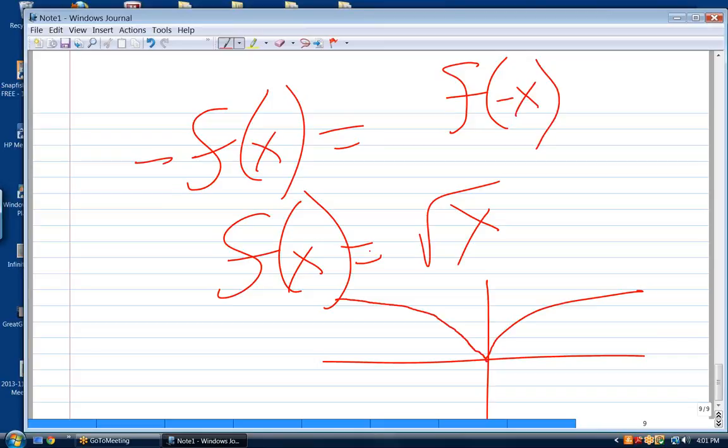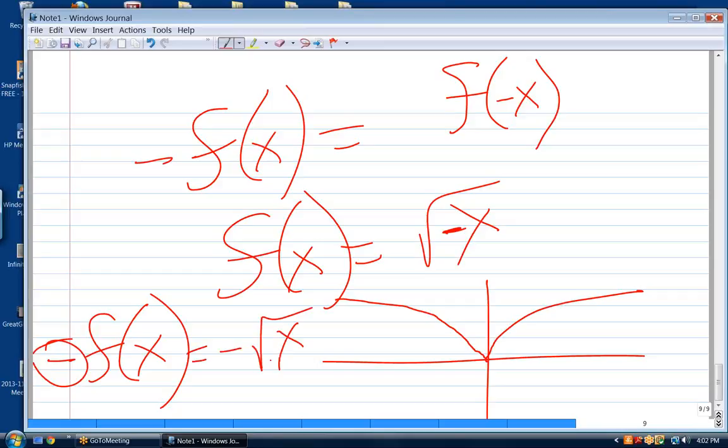Where I put the negative inside the radical sign. But if I wanted minus f of x, this minus in front of the f of x means that it's going to be minus square root x, and that is flipped over the x-axis.